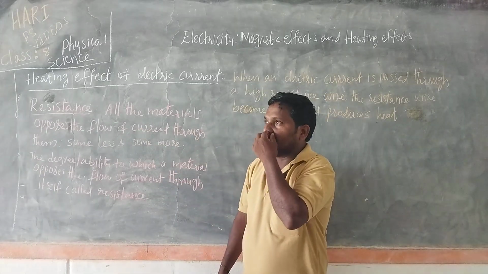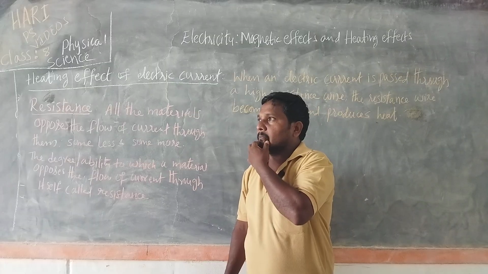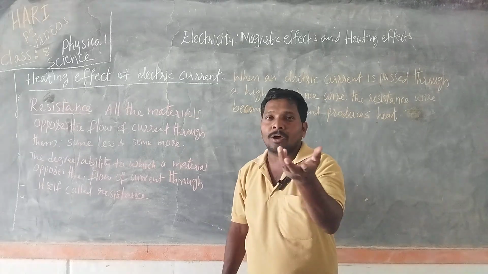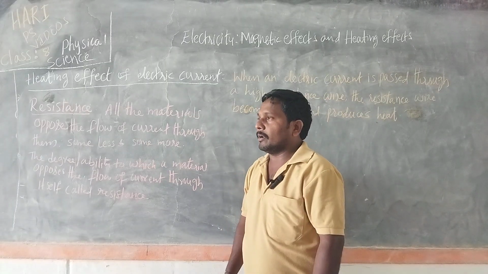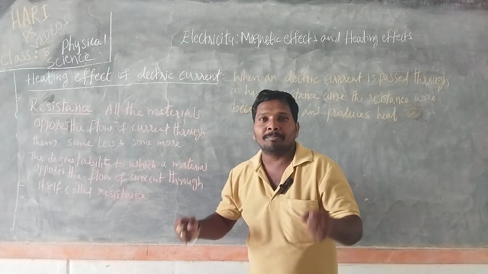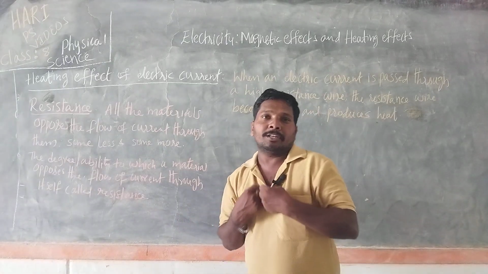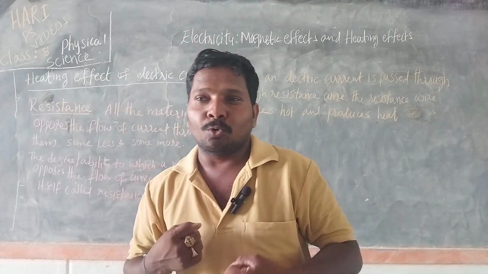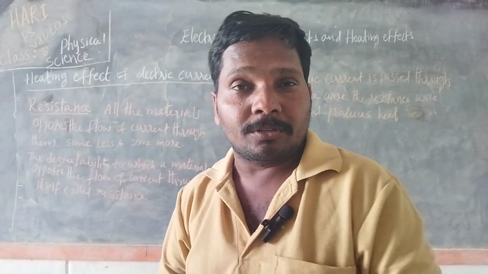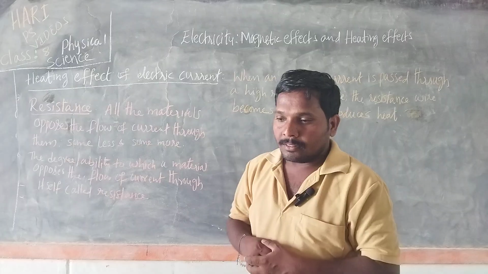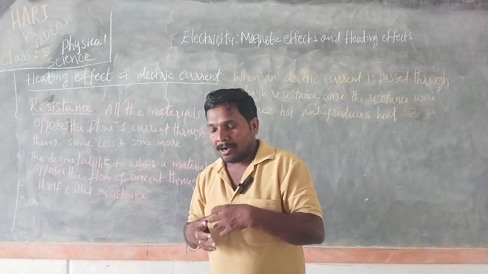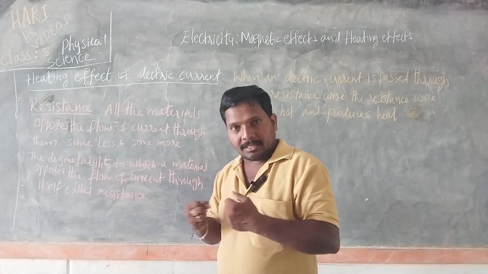Resistance, in the sense of biology, you can call it immunity power or resistance power that must be in our body. We know the use of resistance power: it makes us strong.